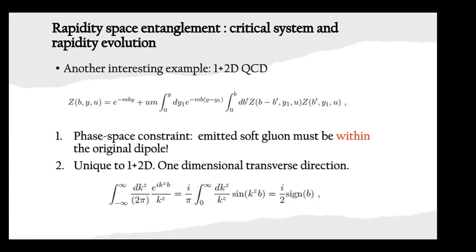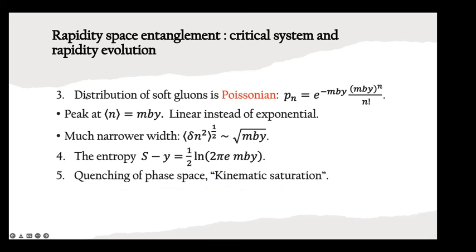It cannot emit outside. This leads to the so-called quenching in the phase space and leads to a much narrower distribution, which is Poissonian, with the peak not growing exponentially but growing linearly, and with an entropy that grows much slower. And this is something we call the kinematic saturation.